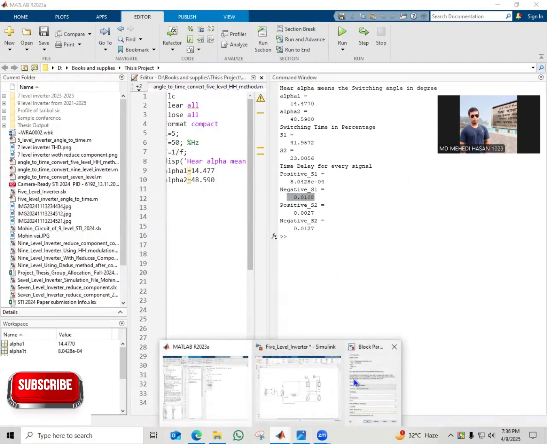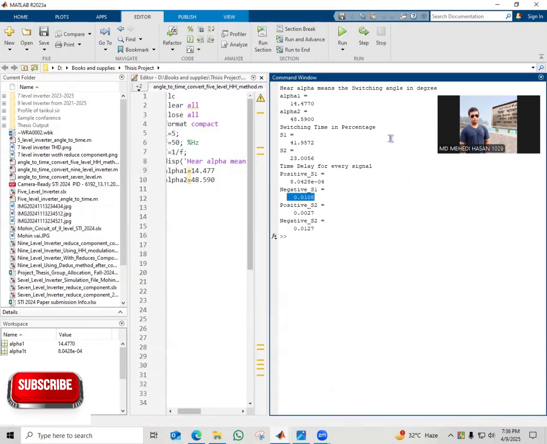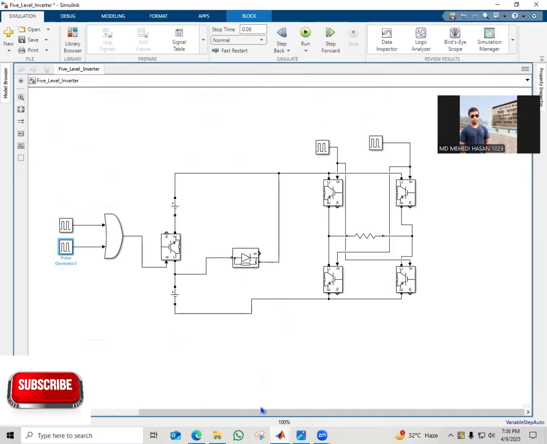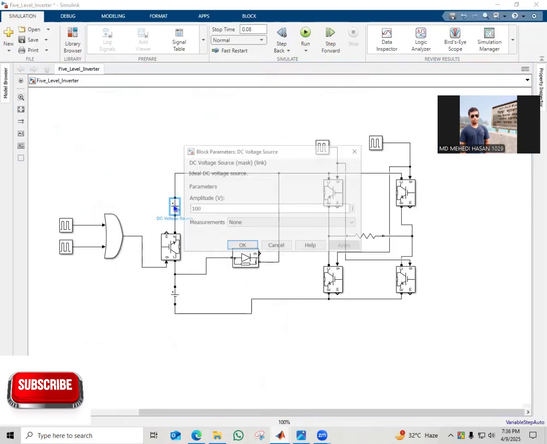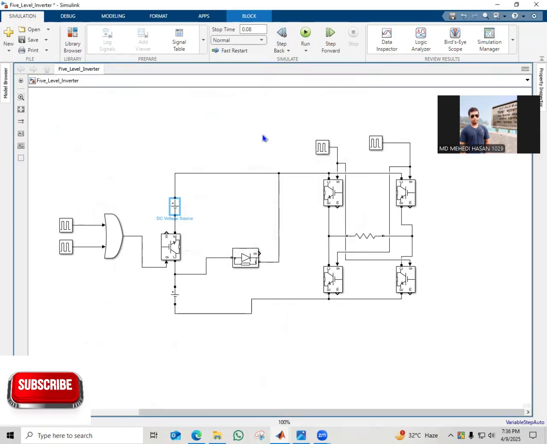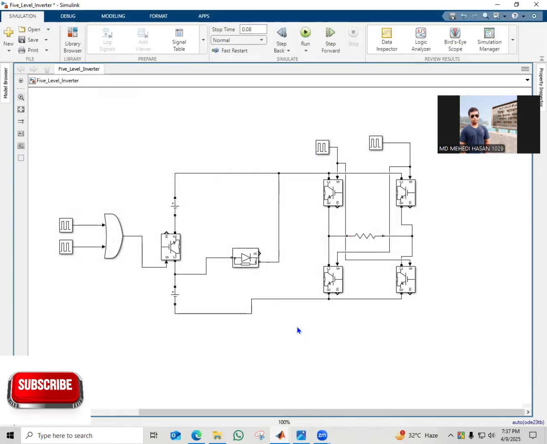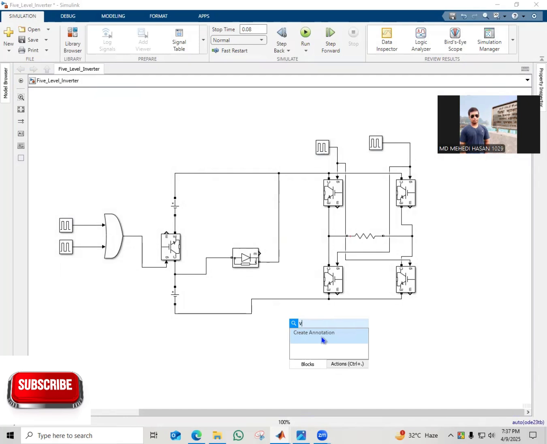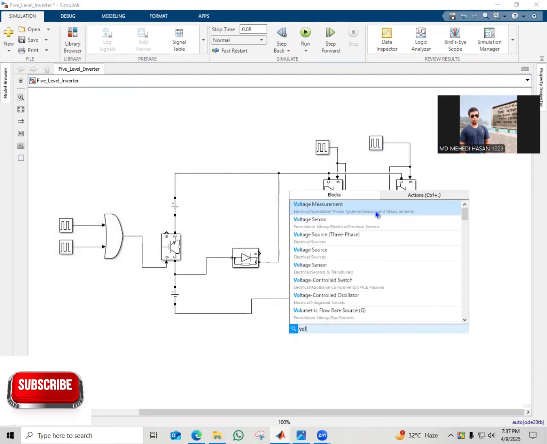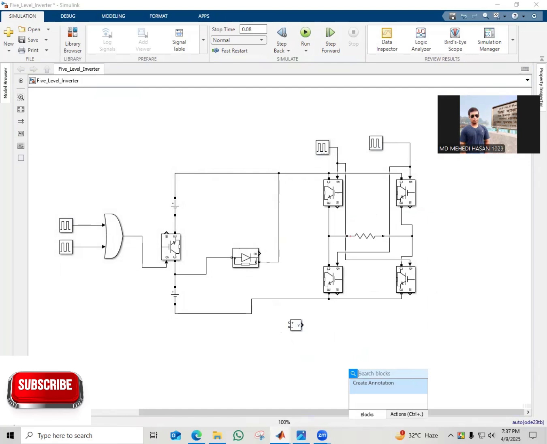Okay, our system is 100% ready. Now we simulate this and we'll see what is going to happen here. We also need a voltage measurement and a scope.